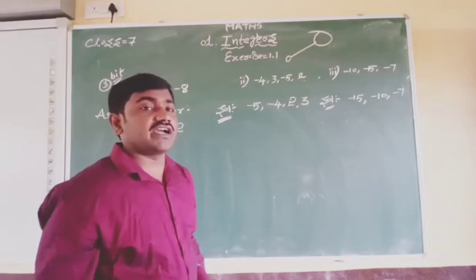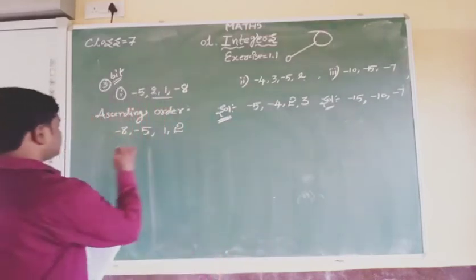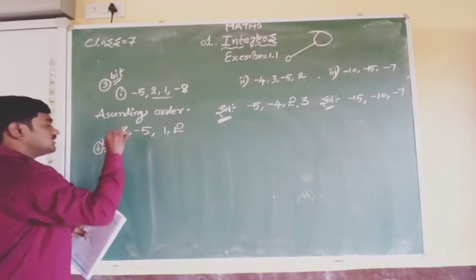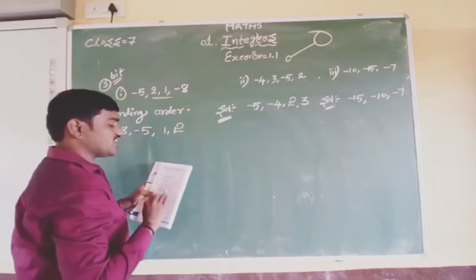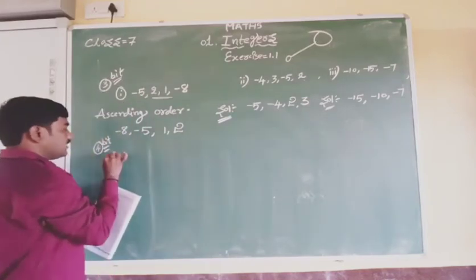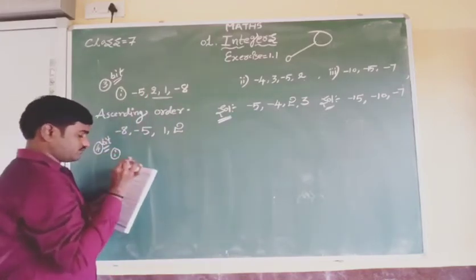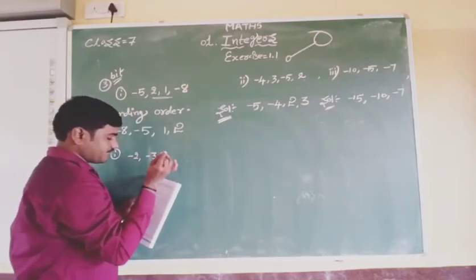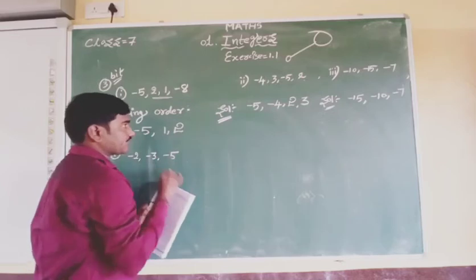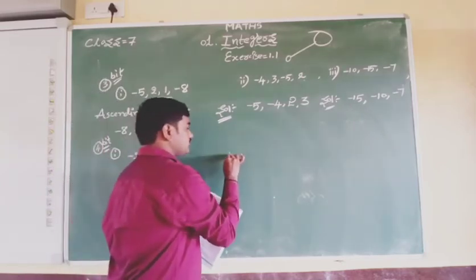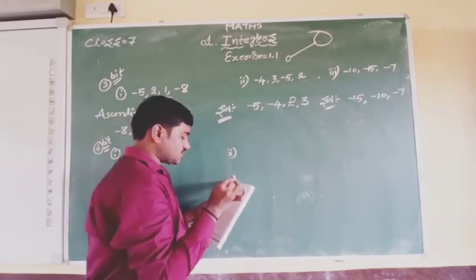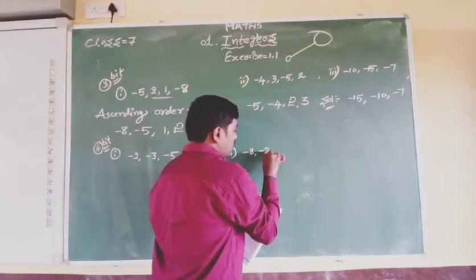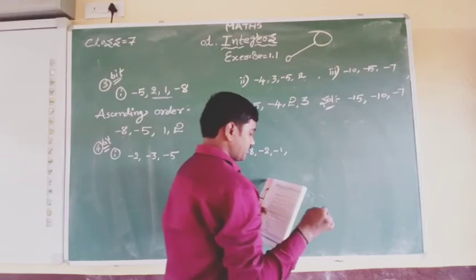Let's go for the descending order. This is our fourth bit actually. Fourth bit, that is descending order. Here also there are three internal questions. Let me write the first question: minus 2, minus 3, minus 5. The second question here: minus 8, minus 2, minus 1.